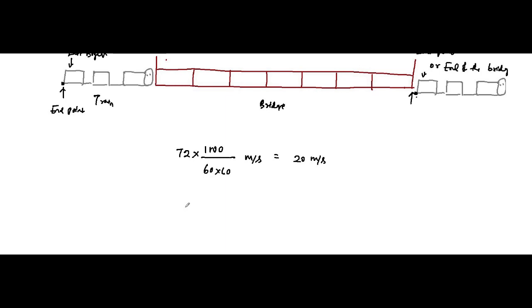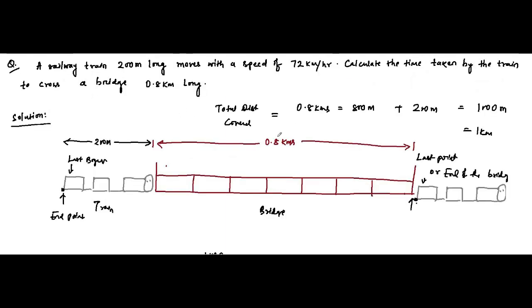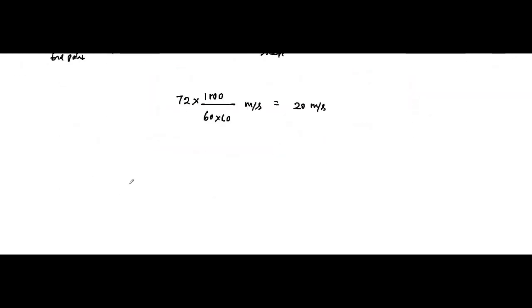So the time taken for the train to cross the bridge is given by the total distance covered divided by speed. This is the speed of the train in meters per second. The distance also has to be expressed in meters.